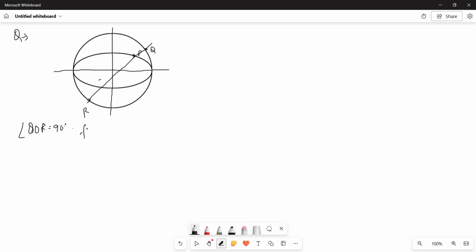Then find the minimum value of a power 4 plus 2b power 4, given that the equation of the ellipse is x square by a square plus y square by b square is equal to 1.